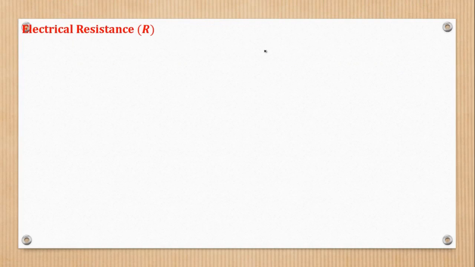Now the fourth term is what we call electrical resistance. So this one is denoted by a symbol capital R. So capital R is for resistance. Somewhere we shall see small r, to mean also something called internal resistance, but we shall see that in the next video. For now, let's know that capital R denotes resistance.